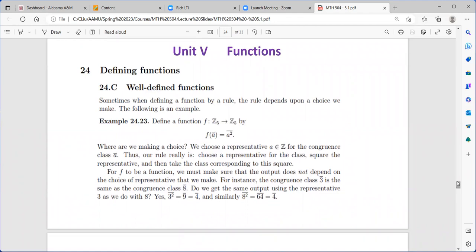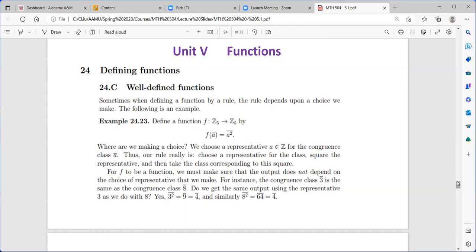Remember when we talk about function, we define function. It says for each value of the x in the domain, it only maps to one value in the codomain. In other words, a function cannot have two values for a fixed x.